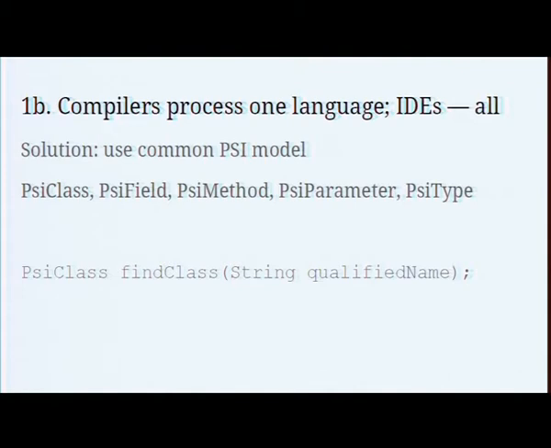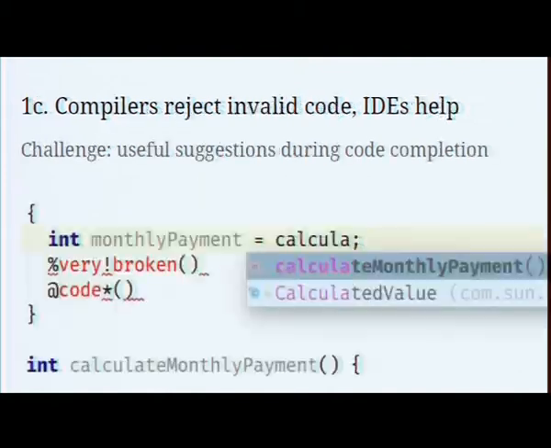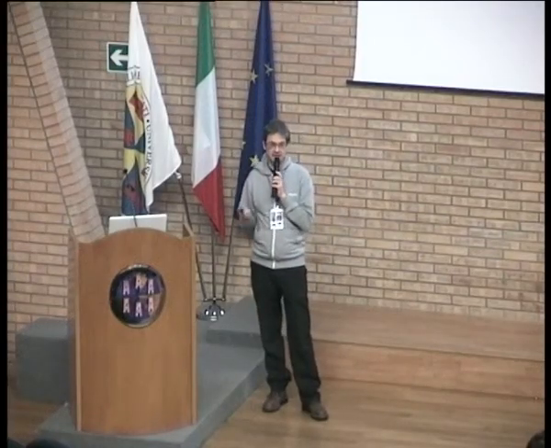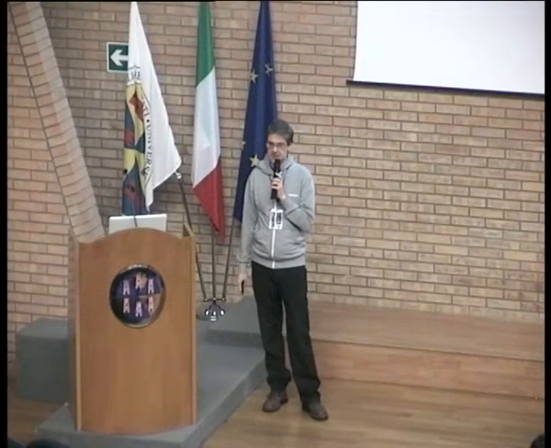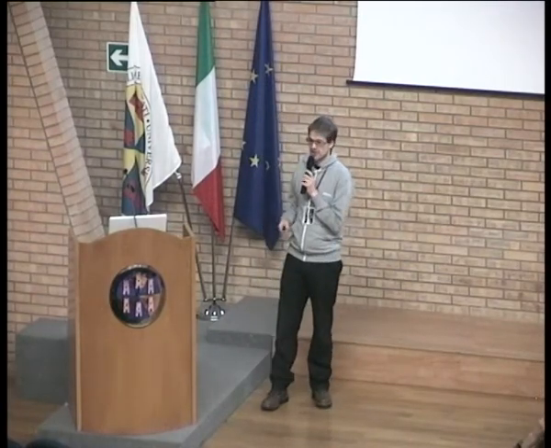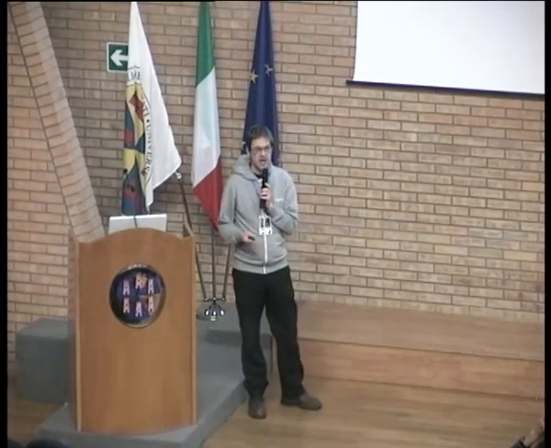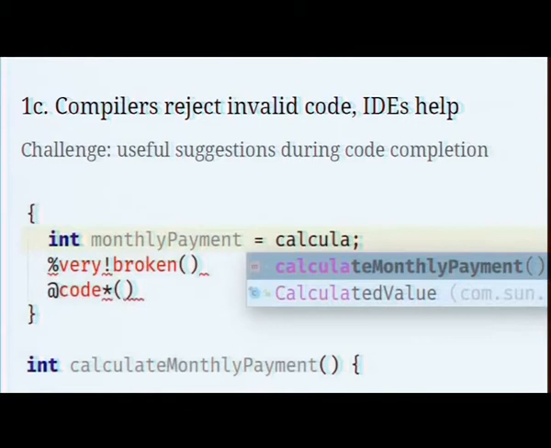Okay, I think, yeah, the next challenge. It's working with invalid code. A compiler, when it meets invalid code, is totally justified to just stop at this point. Maybe some smart compilers continue analyzing the file until the end and report several errors, but that's it.